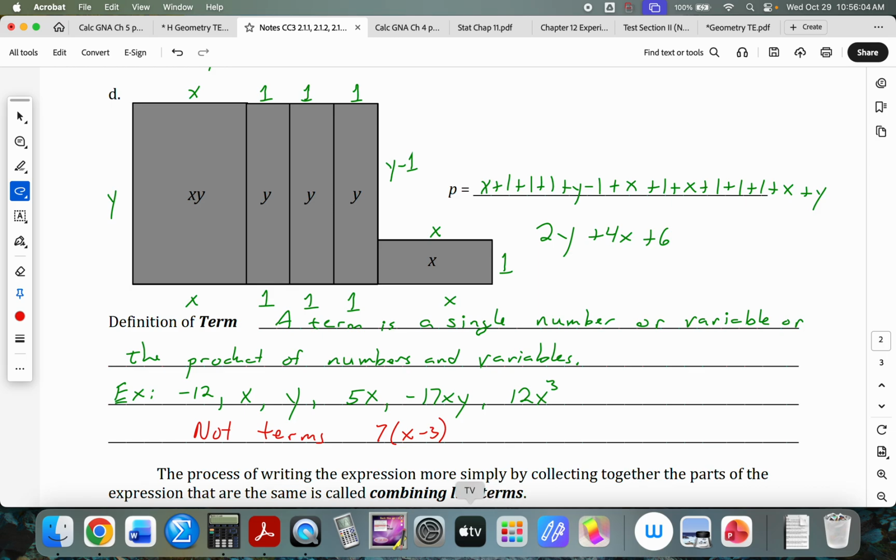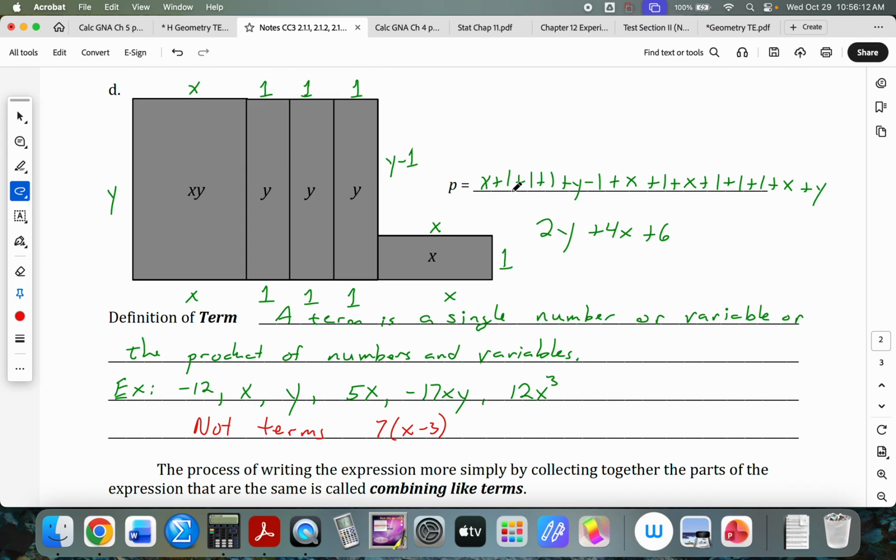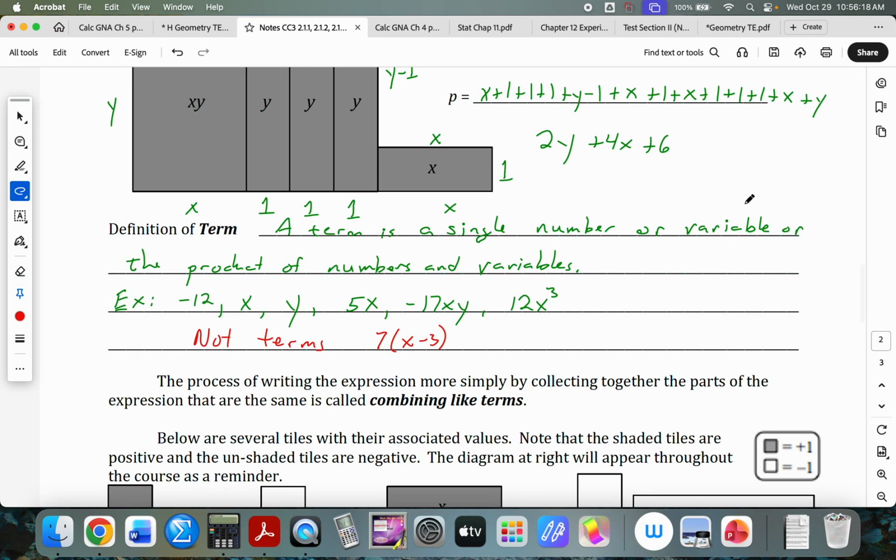All right, so then the process of writing the expression more simply, in every case here we wrote out all of the individual parts and then we simplified that. That's called combining like terms. We gather all the x's together, we gather all the y's together, we gather all the numbers together, we combine those into a single term.